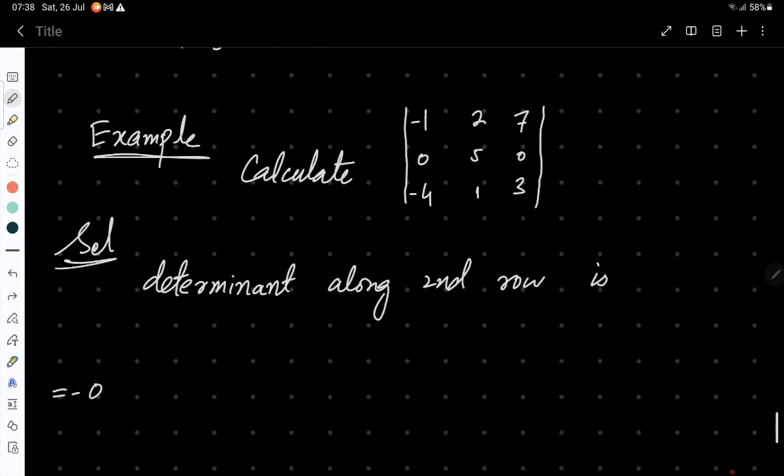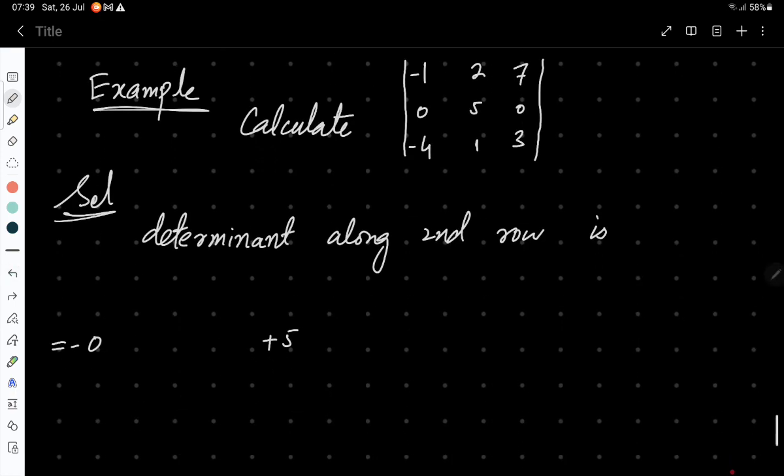If I add 2 plus 2, which is 4, an even number, so I will write +5. And this entry is A23. If I add 2 and 3, which is 5, an odd number, so I will write -0. So I have written -0 plus 5 -0. You can check.